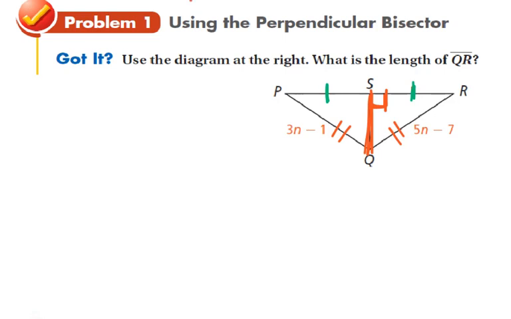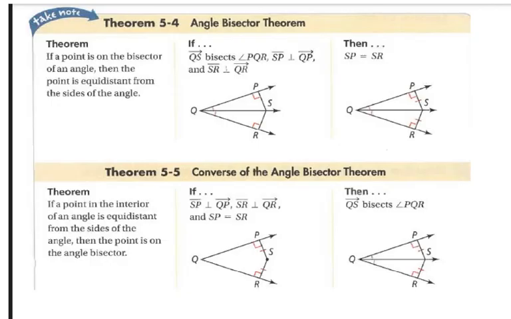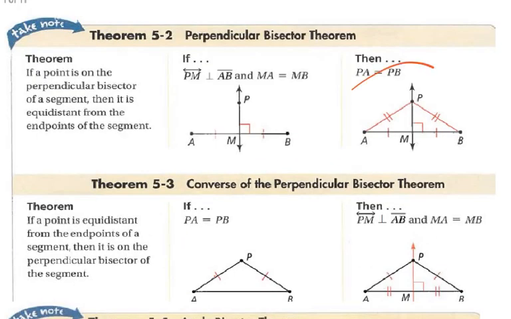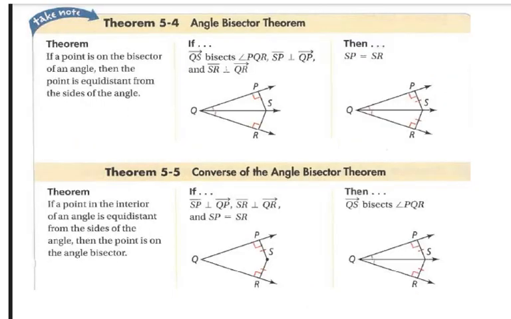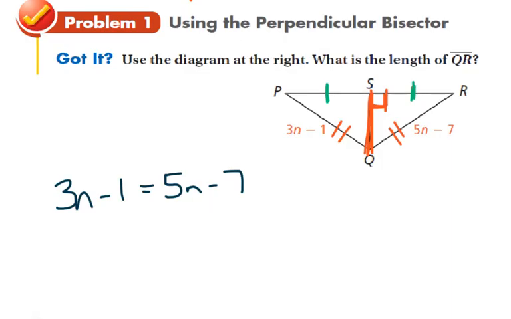So we're going to say 3n minus 1 must be equal to 5n minus 7 because of the theorem. So that's this one right here. Because those 2 things have happened, we can conclude that these 2 sides are the same. And then we just solve like normal.